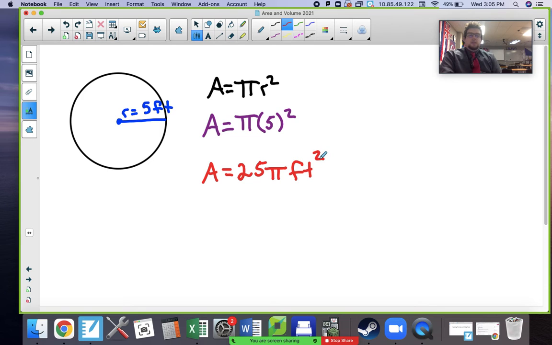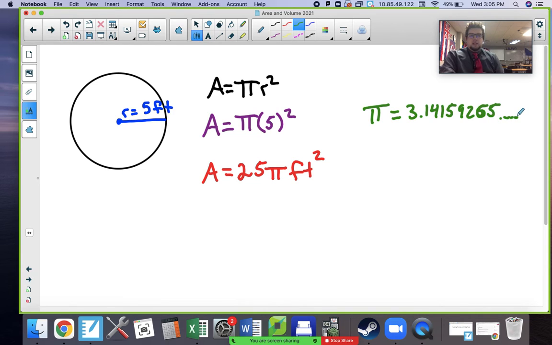And then here's the best part about circles and anything that has to do with pi. We can multiply it out using an approximation for pi. Pi is roughly 3.14. We know that it's a never-ending decimal: 3.14159265.